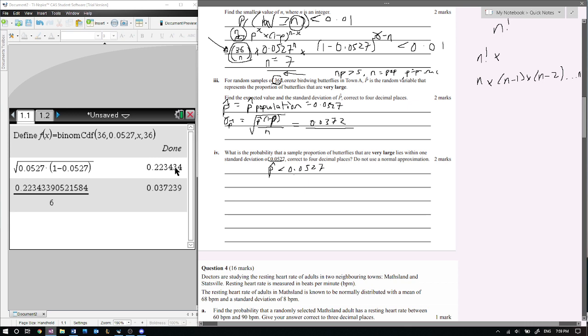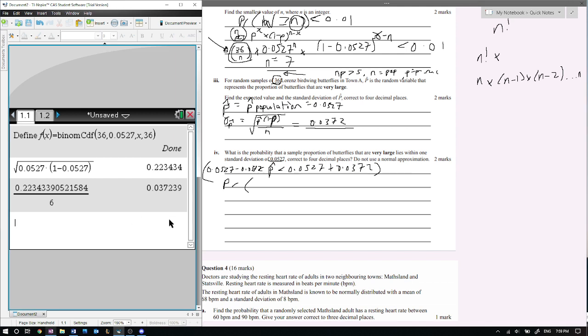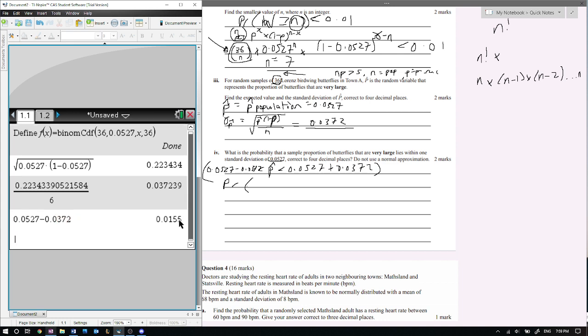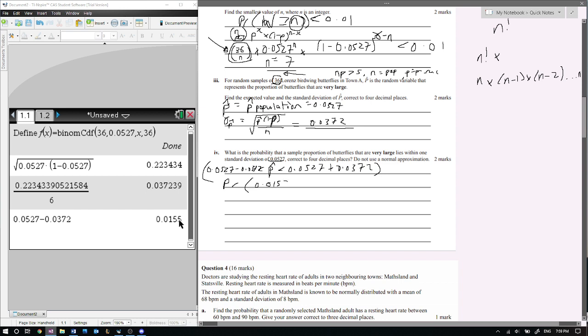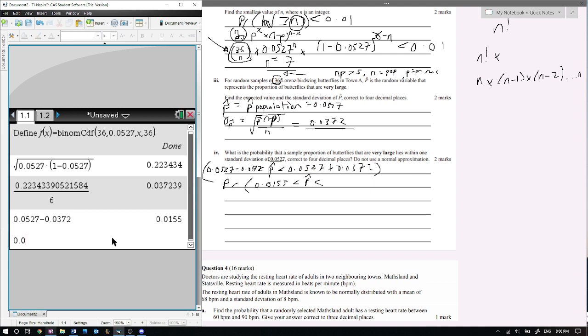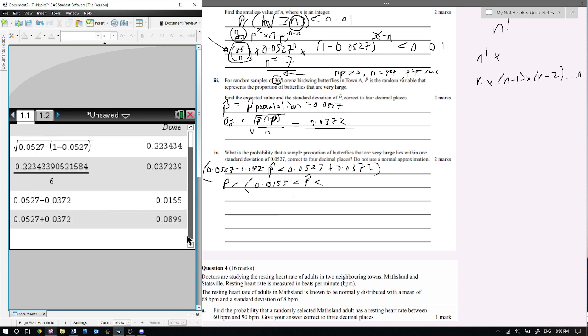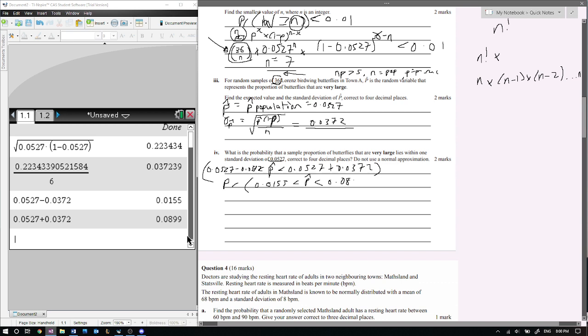So it should lie within 0.0527 plus 0.0372, and within 0.0527 minus 0.0372. And of course, when you do all that subtraction, doing that on my CAS right now, you get the probability that 0.0155 is smaller than p hat, which is smaller than 0.0899.